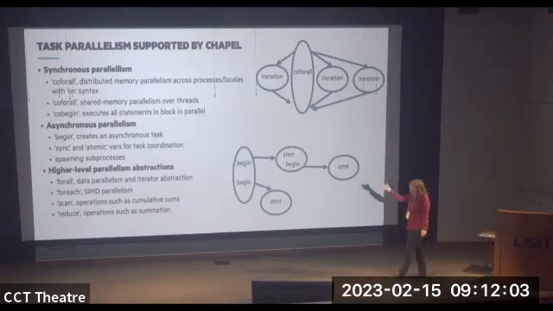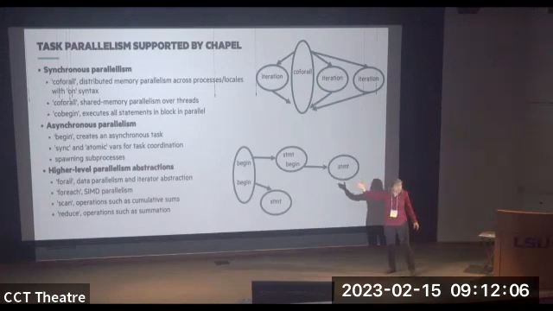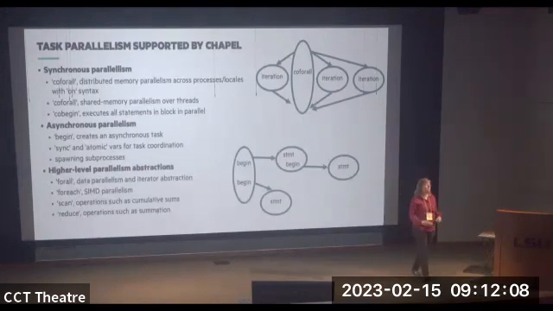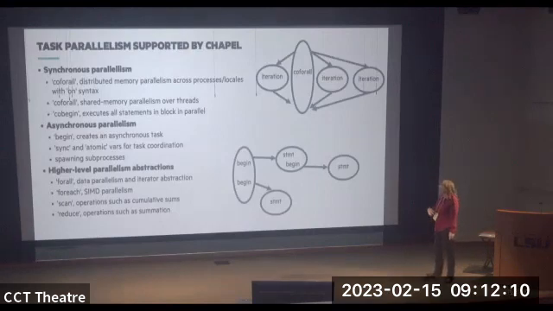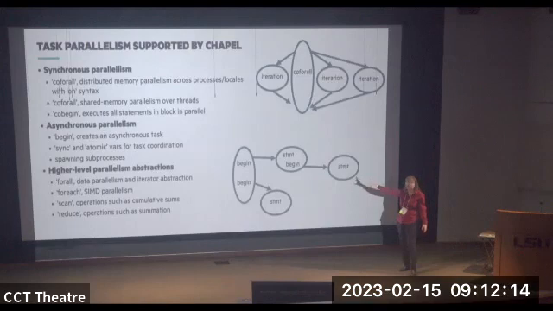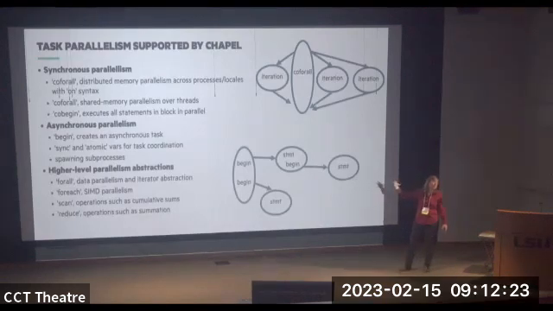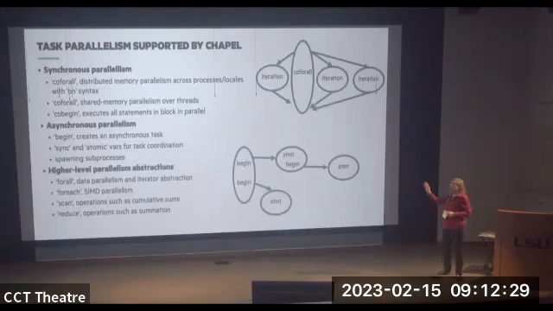For asynchronous parallelism, we have the begin, similar to spawn, and that creates an asynchronous task. You can see a picture of this. I've got one task on the left that is actually doing 2 begins, and when you do a begin, that spawns off a task, and that task itself can then spawn off a task. And in fact, this idea of nested parallelism works in any different combination in Chapel.